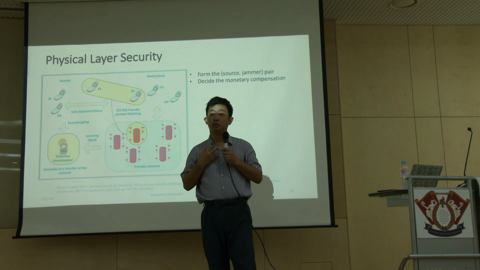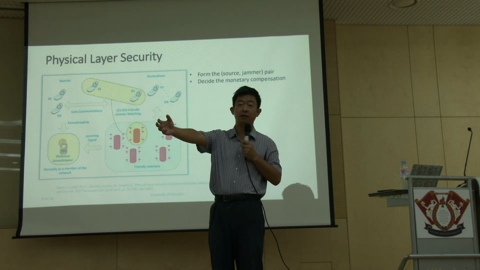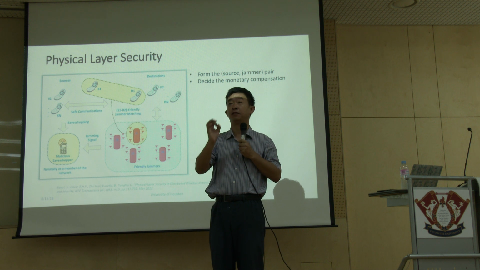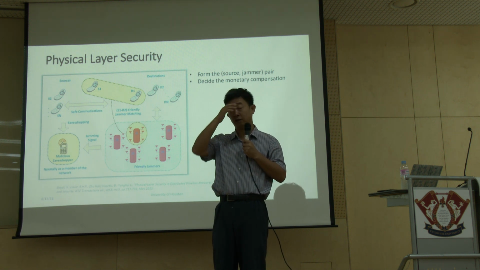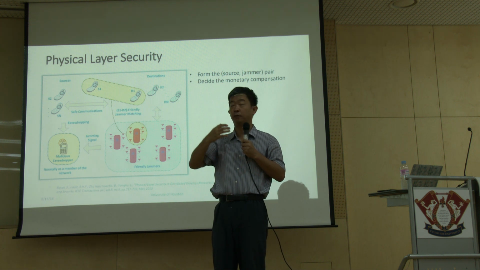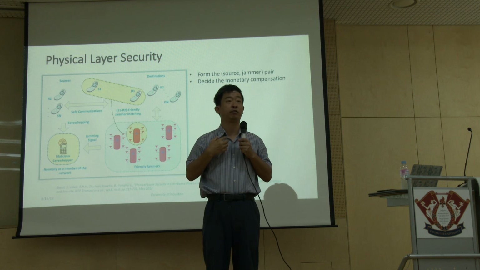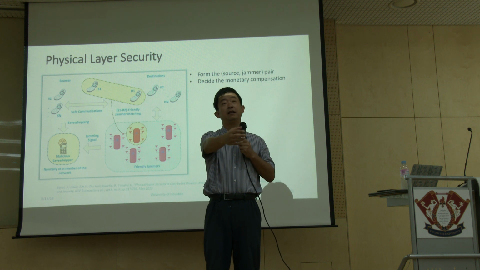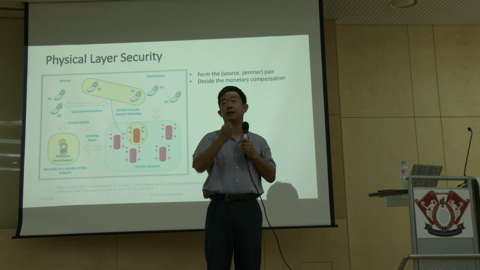What we can do is transmit the information such that the eavesdropper gets zero information. Typically they do coding such that the secrecy capacity equals the capacity from the source to the destination minus the capacity from the source to the eavesdropper, and then the eavesdropper gets zero.